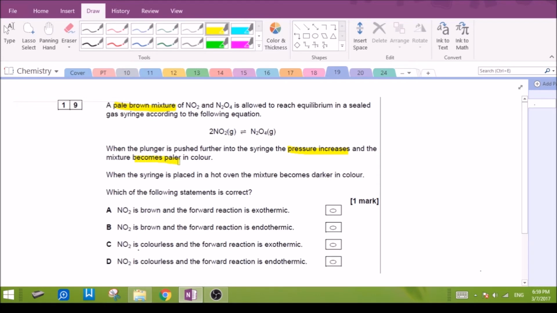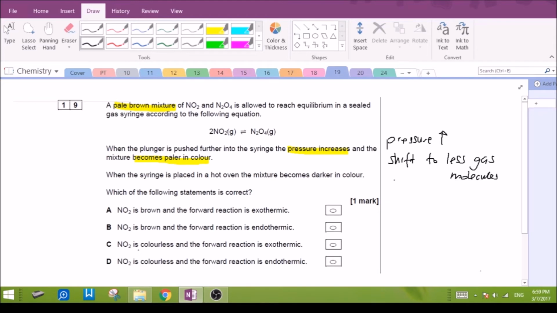becomes paler in color. So now for a reversible reaction in equilibrium, when we increase the pressure, by pushing the plunger in, for example, the system will react by trying to release the pressure, or have a lower pressure, and to do that it will shift to the side that has less gaseous molecules.